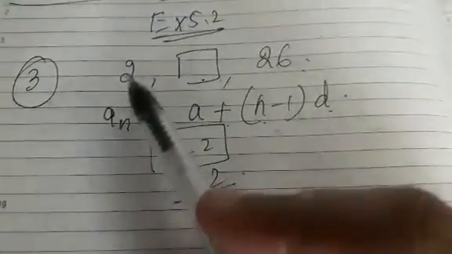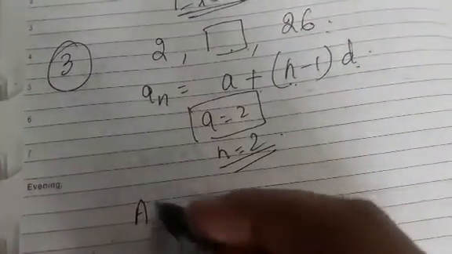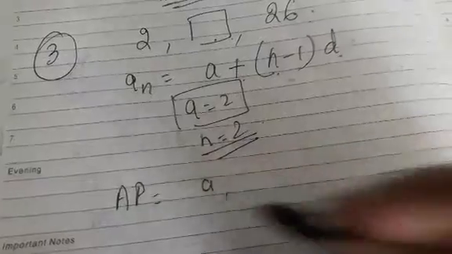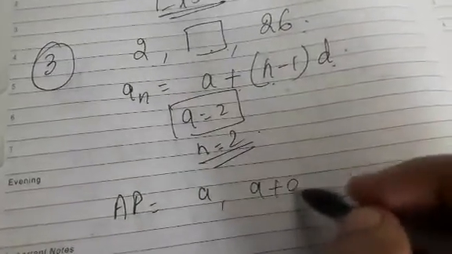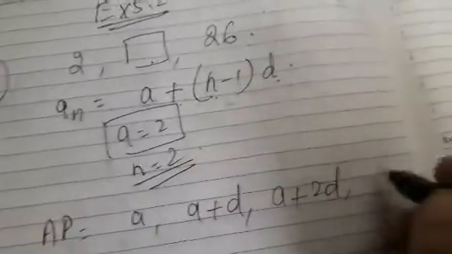Now to check the series, you remember that in the beginning I had explained that to write any series, we have a formula: a plus d, a plus 2d, a plus 3d, and so on.